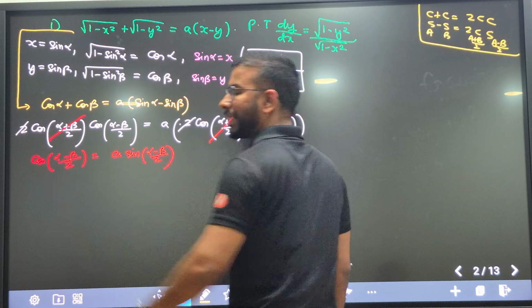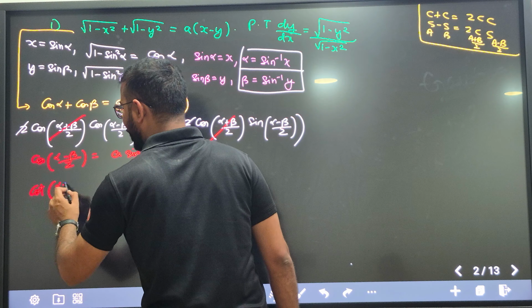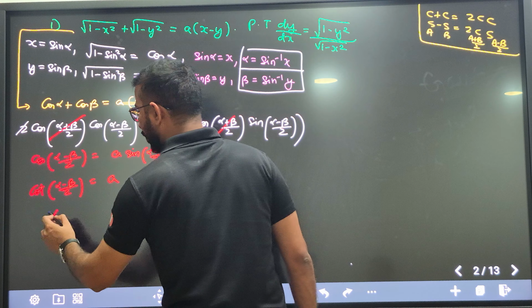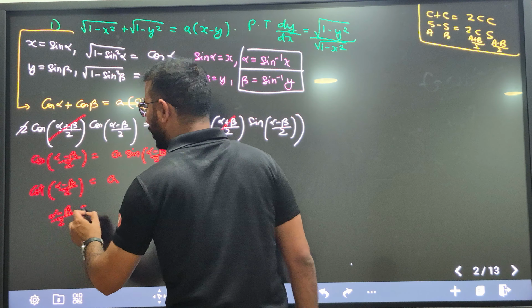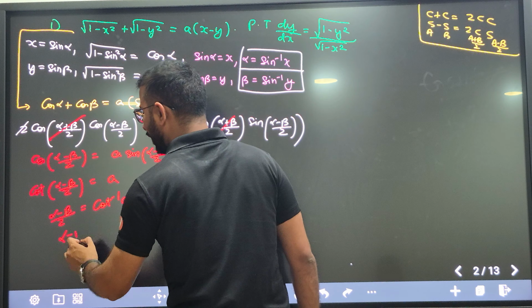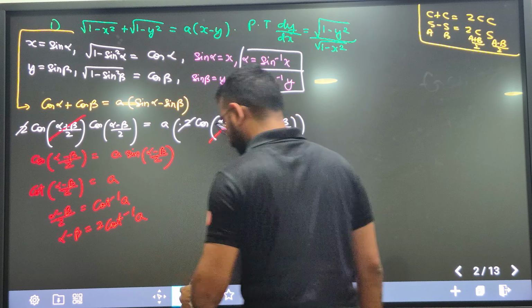Now what is cos theta by sine theta? Cot theta. So cot of alpha minus beta by 2 is equal to a. Now take cot inverse here. What we'll get is alpha minus beta by 2 is equal to cot inverse a. Now take 2 here. Alpha minus beta is 2 cot inverse a.